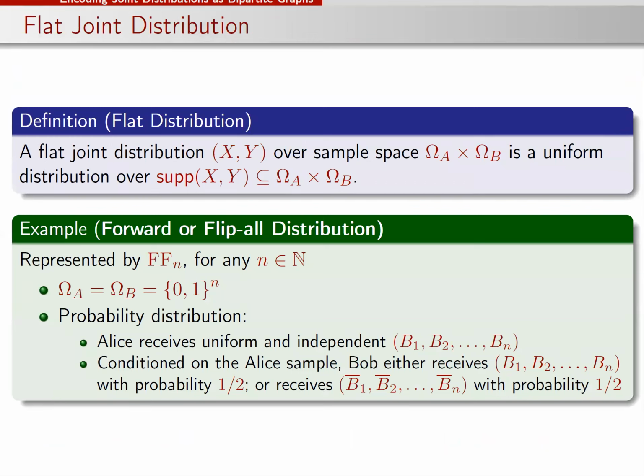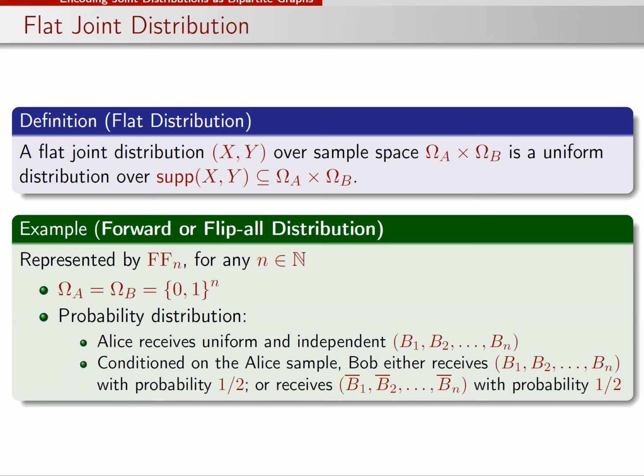Our work also encodes joint distributions of Boolean functions as bipartite graphs. So a flat distribution is a uniform distribution over the support. So let me give you an example. The Forward of flip-or-not distribution E over n-bit strings times n-bit strings.